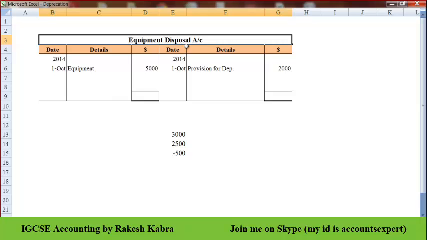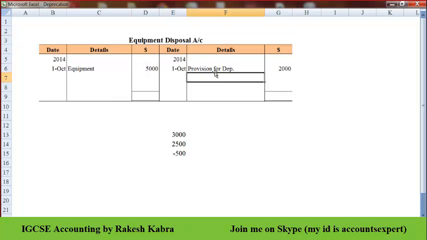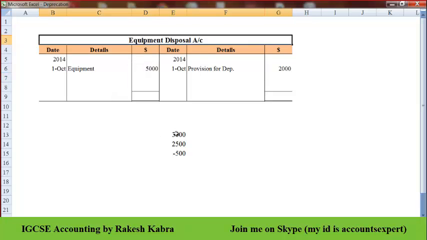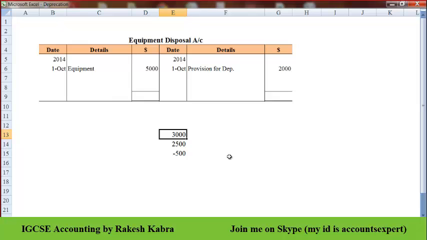The disposal account will then show the actual value of that asset. 5,000 was the cost, till now we charged this much depreciation. What is the actual value of that half of the equipment? 3,000. Once you get the actual value, compare it with the sale price.